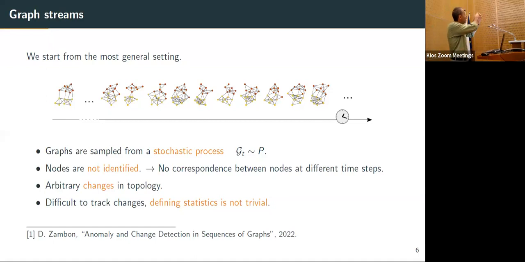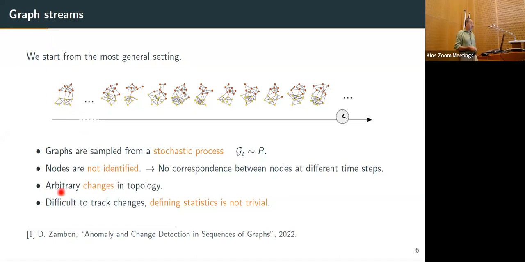So I cannot say that this node at time t will be associated to this node at time t plus 1. I don't know. Very complex. You have a structure which comes in some shape, and good luck. That is what we do with the graph streams.